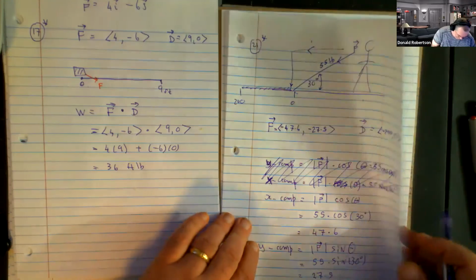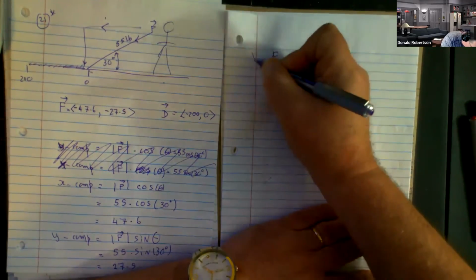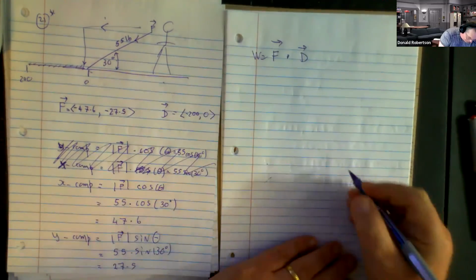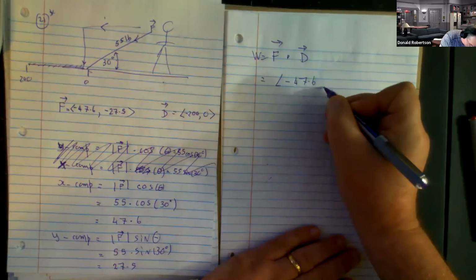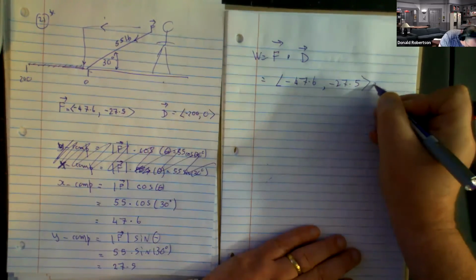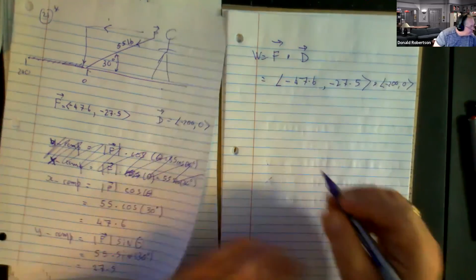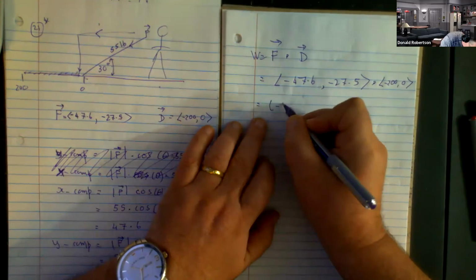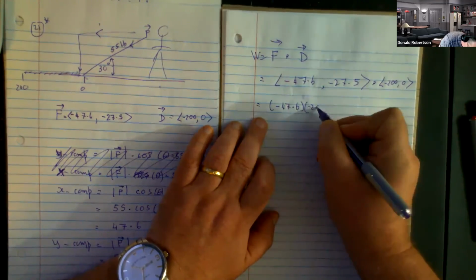Okay. Now, work done is force times movement vector. Negative 47.6, comma, negative 27.5, dot product with negative 200, comma, 0. So I should be able to do negative 47.6 times negative 200.